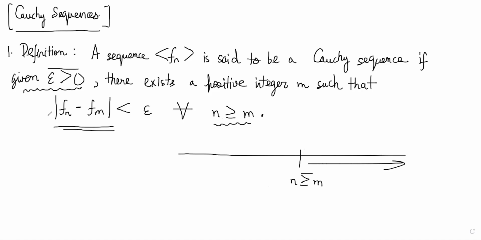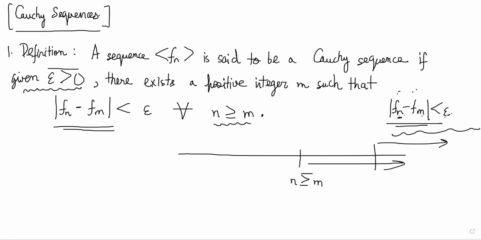So if you change the value of epsilon, you will have a different cutoff point beyond which the mod of fn minus fm for any n greater than or equal to m is always less than epsilon. Correct. So the distance between any two terms becomes lesser than epsilon, right?